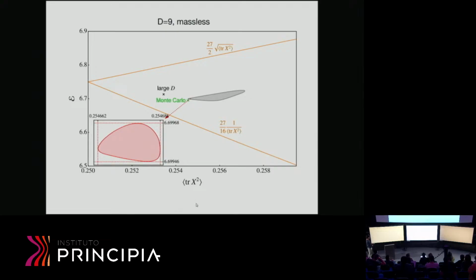So here is not BFSS. This is the D equals 9 model. So this is for the model, the purely bosonic matrix model.